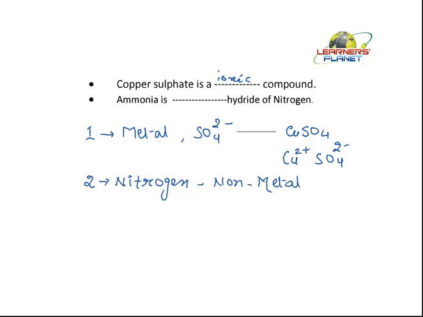So what type of hydride should it form? Your nitrogen is forming a covalent hydride. So what is the answer here? It is forming a covalent hydride. So for solving such type of questions, you need to analyze whether the substance or the element given is a metal or a non-metal.